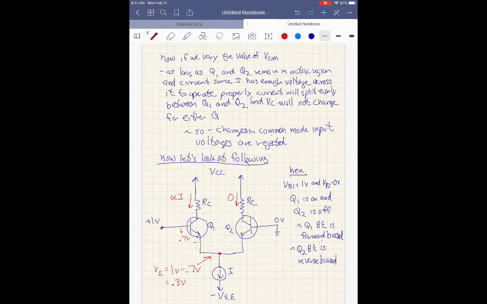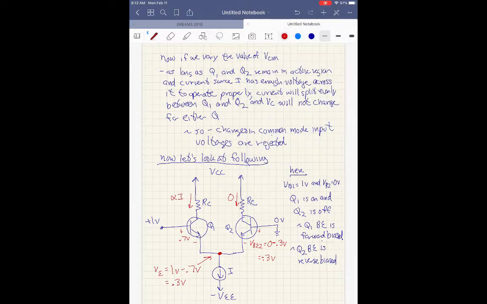Okay, so we've got 0.3 volts at the emitter of each transistor. If we've got 0 volts here, VBE2, if we want to call it that, is going to be 0 volts minus 0.3 volts, which is negative 0.3 volts.